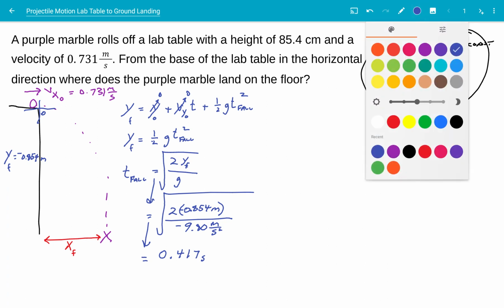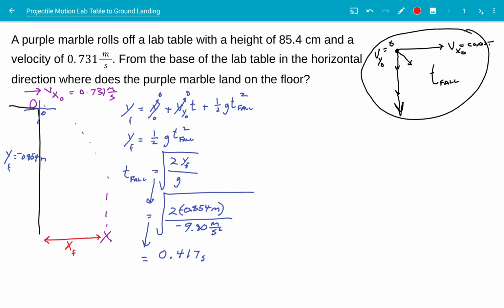So we can now use our kinematic equation again for the x direction. X final equals x initial plus Vx initial t fall plus 1/2 ax t fall squared. And wait a minute, the velocity in the x direction is going to equal the final and the initial.